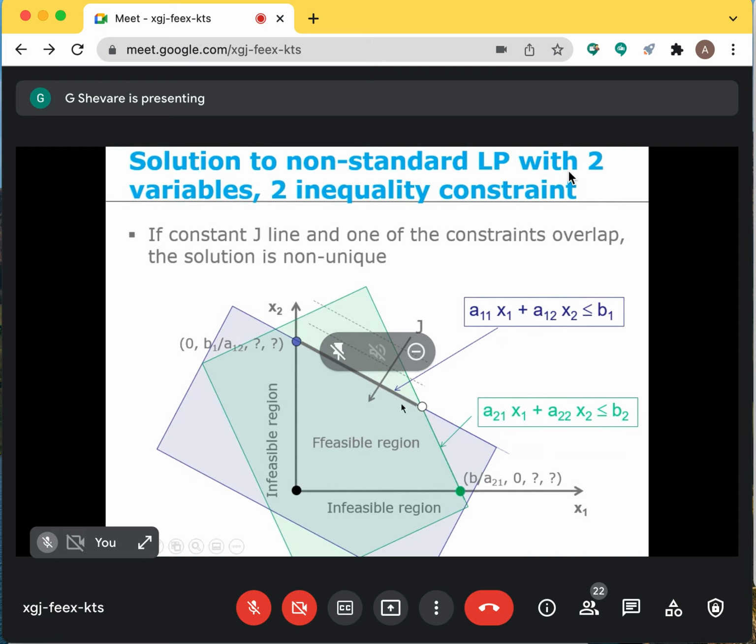In that case, the optimal design lies on this entire line. That means there are several designs which are optimal, and therefore it becomes a non-unique solution to the linear programming problem.